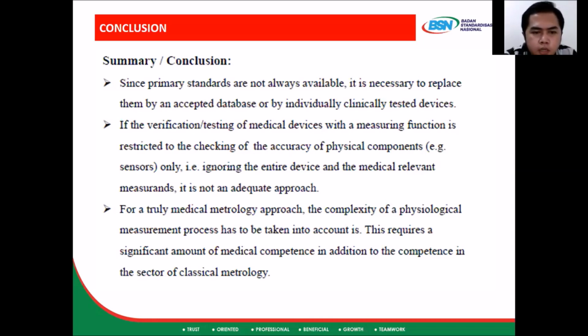For a truly medical metrology approach, the complexity of the physiological measurement process has to be taken into account. This requires a significant amount of medical competence in addition to the competence in the sector of classical metrology. So besides the skills of the metrologists, for medical metrology, we also need to improve our medical competence for a truly medical metrology approach.